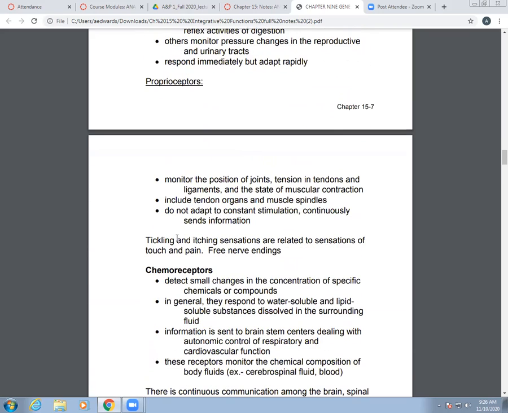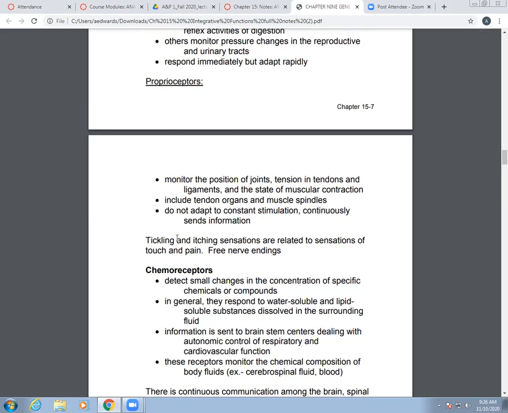So let's move on to the proprioceptors. Here we're monitoring position in your joints, tension in your tendons as well as your ligaments, and the state to which your muscles are contracted.